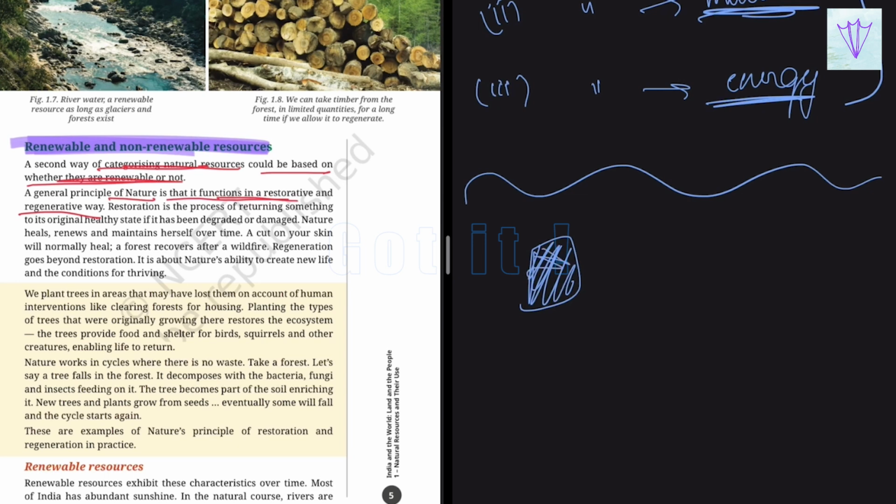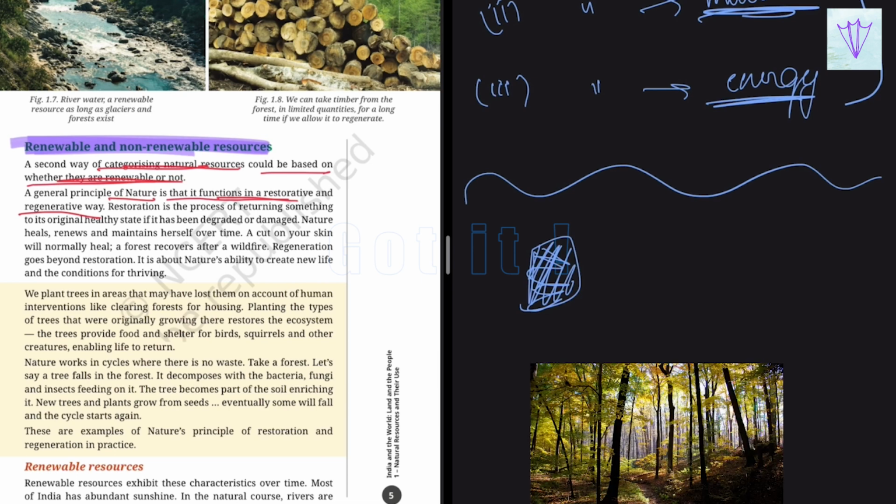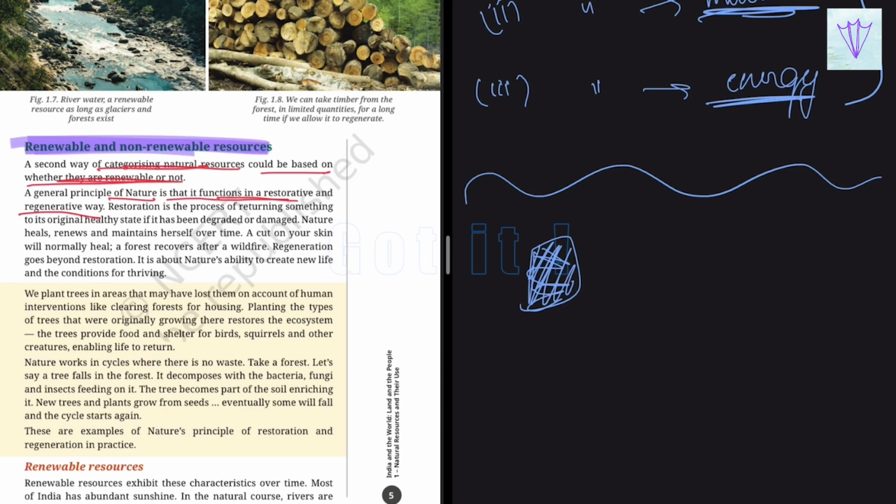If you leave that land for a long time, it will start restoring itself. The soil will become fertile and trees will start growing. It may take millions of years, but it is still evident that the land is improving. This is the restoration or regenerative ability of nature.